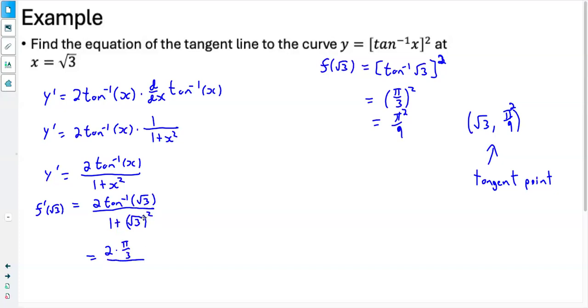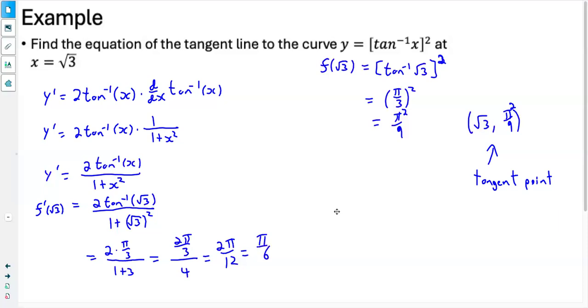divided by essentially 1 plus 3. That'd be 2 pi over 3 divided by 4. So that would be 2 pi over 12, which is pi over 6.